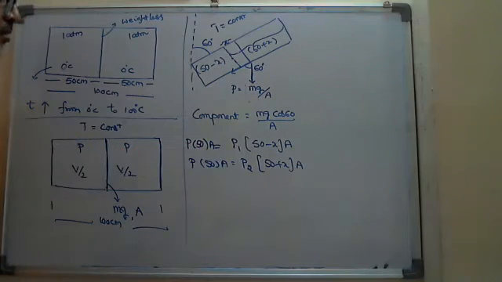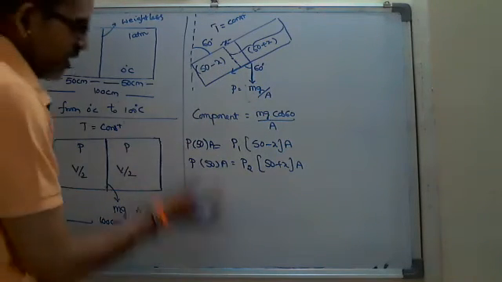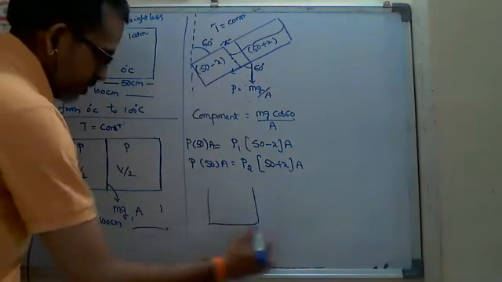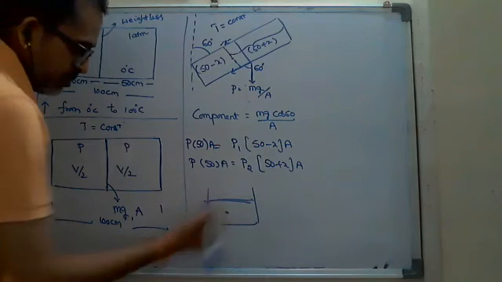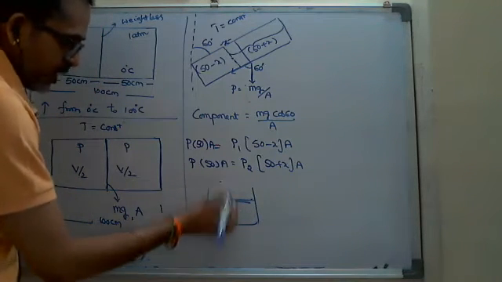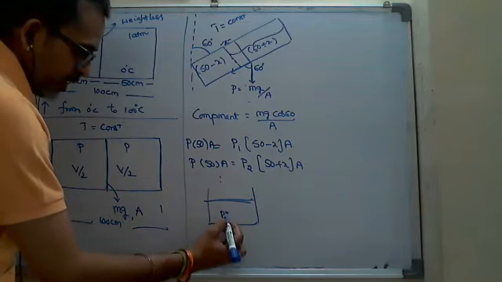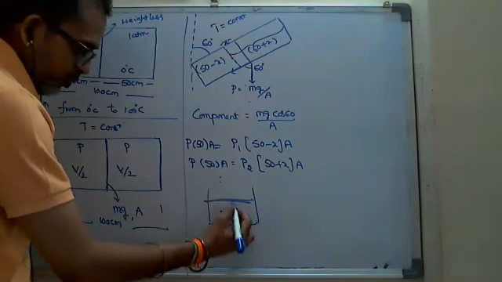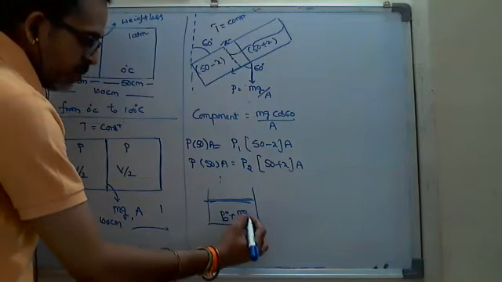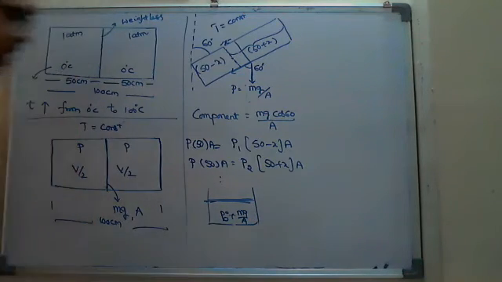Suppose I ask the pressure here on one piston: I have to write the pressure at the top, which means atmospheric pressure, plus the pressure due to the weight of the piston, mg by A. Generally, we write this while solving problems.